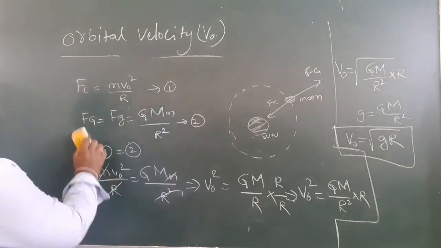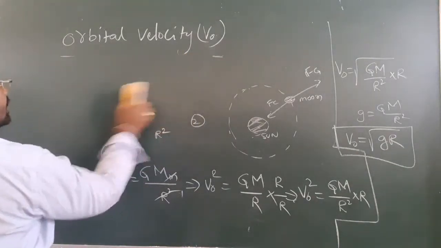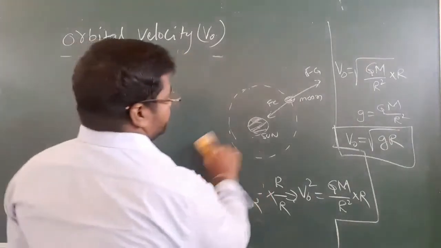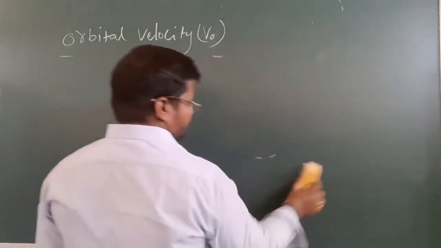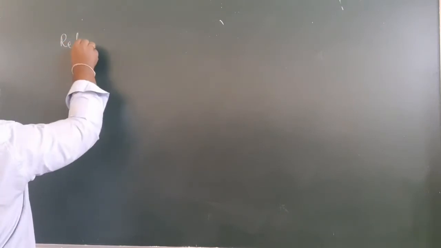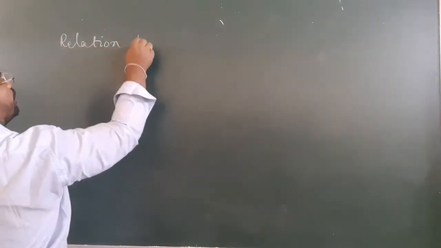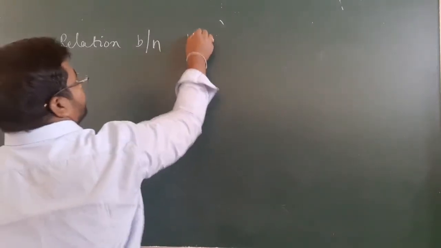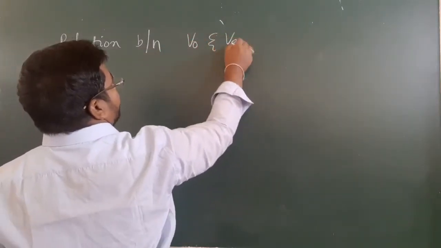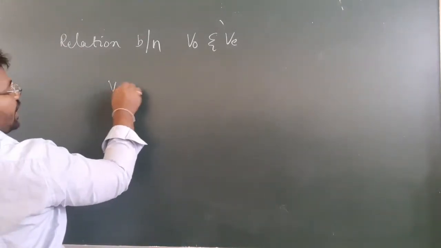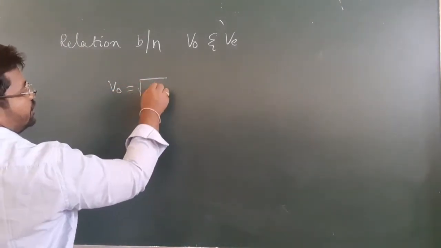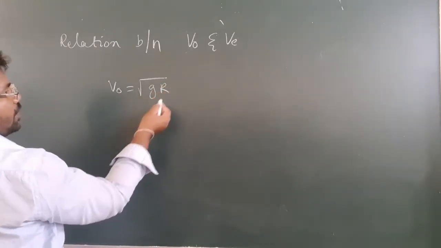Now, the relation between orbital velocity and escape velocity. From the previous expression, orbital velocity is equal to root of g r.